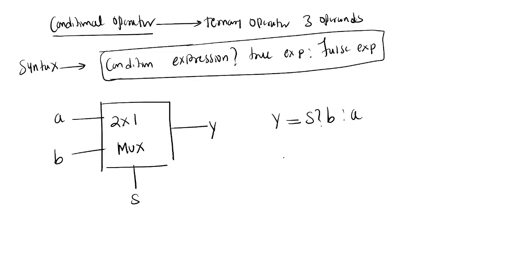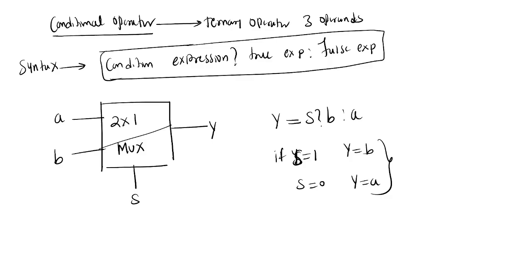That means if s equal to 1, y is assigned to b, depending on the selection line it is connected, no? Otherwise, if s equal to 0, y is assigned to a. Like this it will execute.